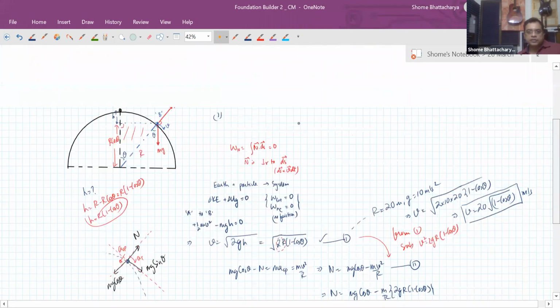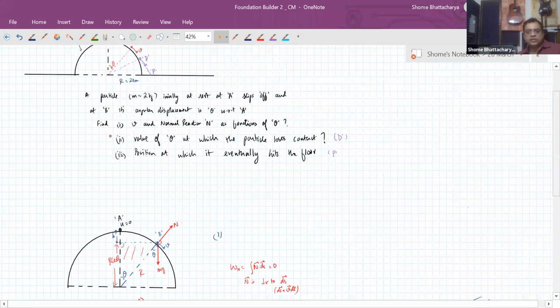Okay, so that's that. We have found the value of theta at which the particle loses contact. Now the rest is we have to solve for the projectile motion, the position where it eventually hits the floor. For that we have to use projectile motion.